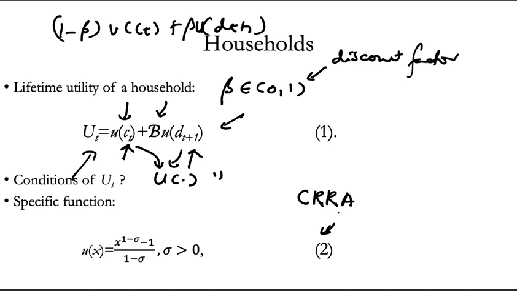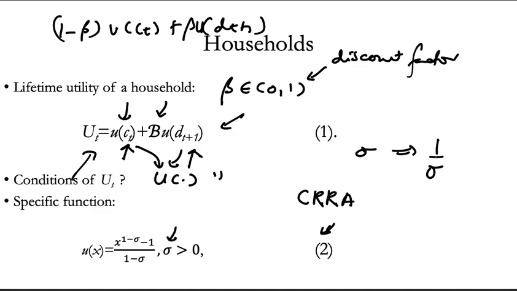CRRA. Now, if you look at this, you have the parameter sigma, isn't it? So sigma is a coefficient, or a parameter, of relative risk aversion. When you have sigma, you can also have the reciprocal of sigma. Now, the reciprocal of sigma is actually the elasticity of intertemporal substitution.